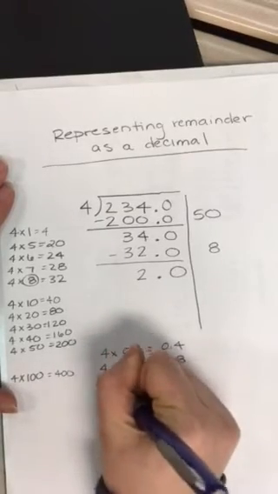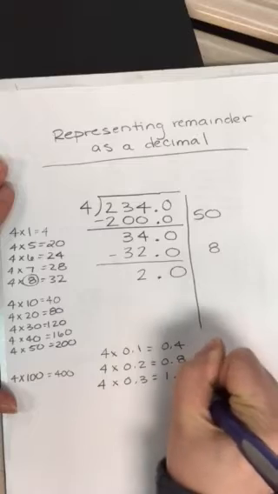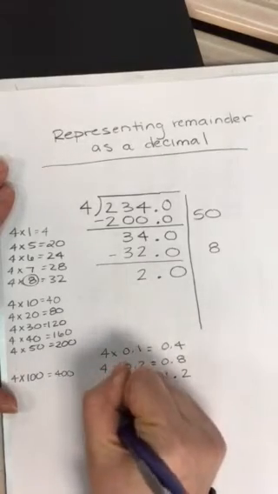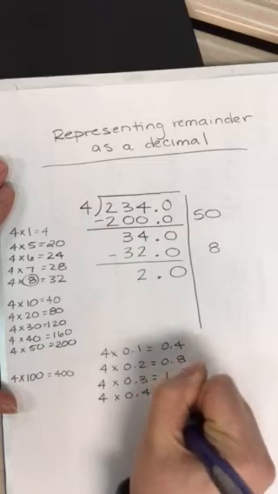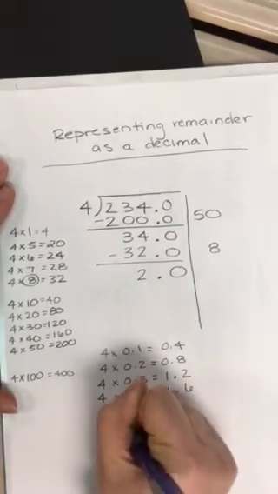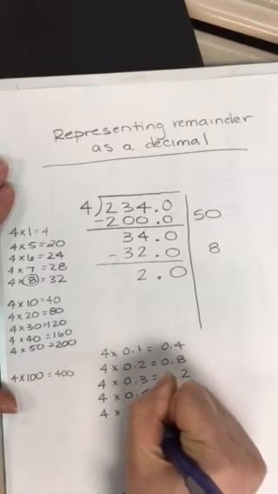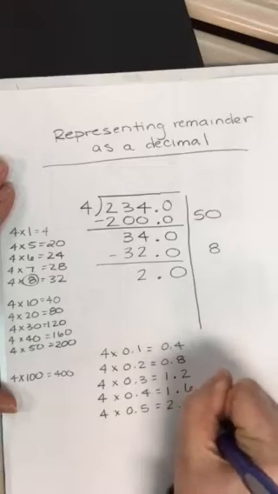I know 4 times 0.3 equals 1 2/10. 4 times 0.4 equals 1 6/10. 4 times 0.5 equals 2 whole.